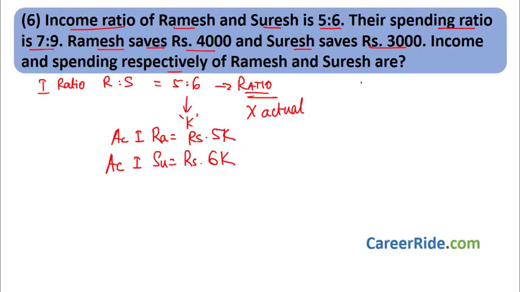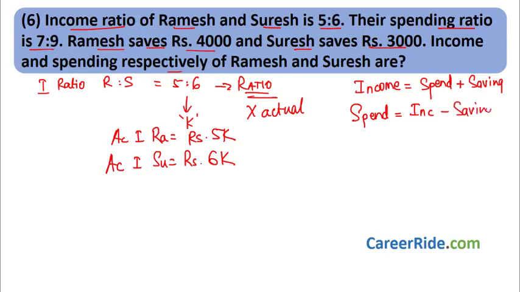Now what do we know? Income or the total money is nothing but spending or the expenditure plus the saving. Whatever we spend plus whatever we save, that is nothing but the income, that is the amount of money which we received. So what is spending? Spending is income minus saving, correct?